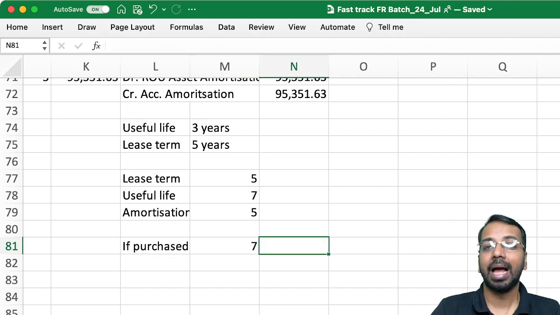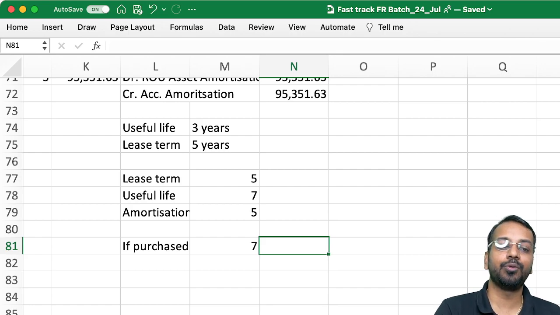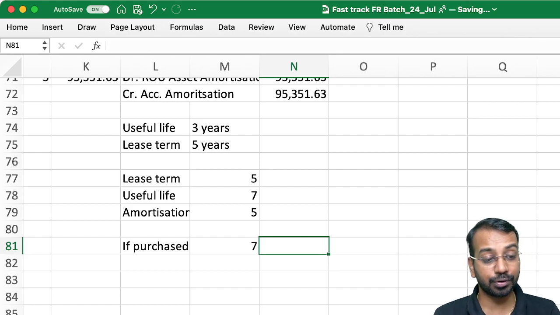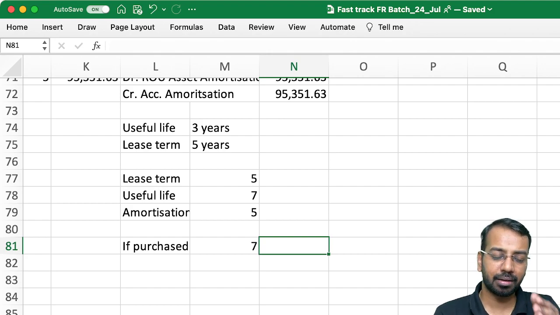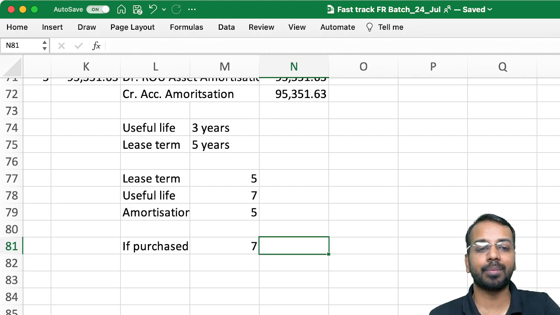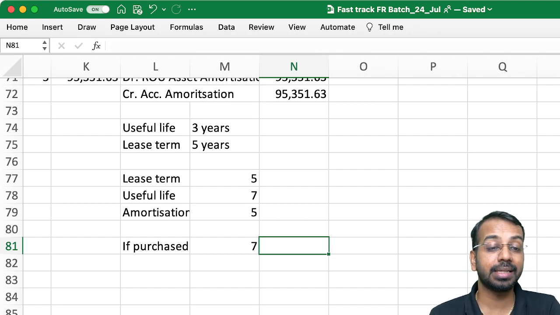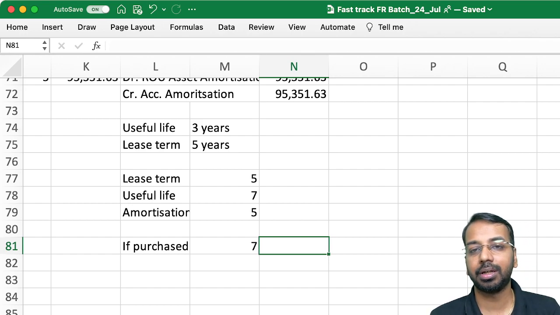The logic is I will amortize the right of use asset over the period I am using the particular asset. So if I am using it for 7 years, let's say as per the contract the car gets transferred to the lessee after 5 years, then you will amortize it over a period of 7 years. That is the useful life for the right of use asset.